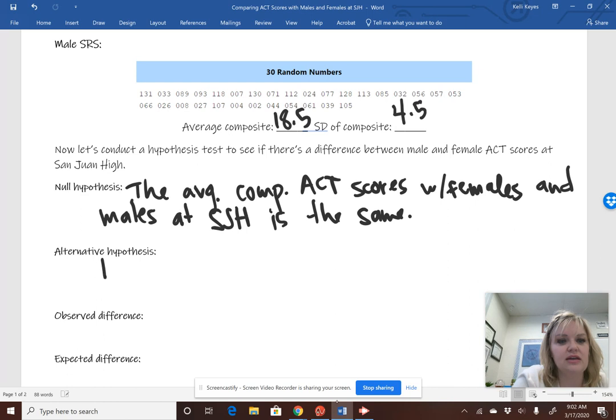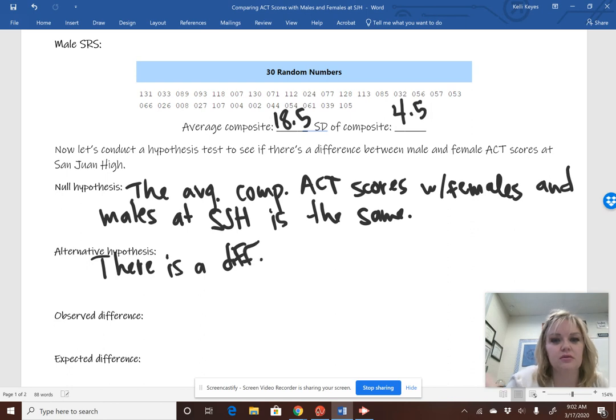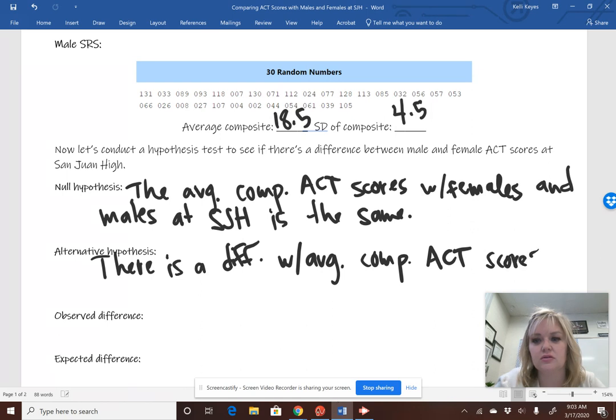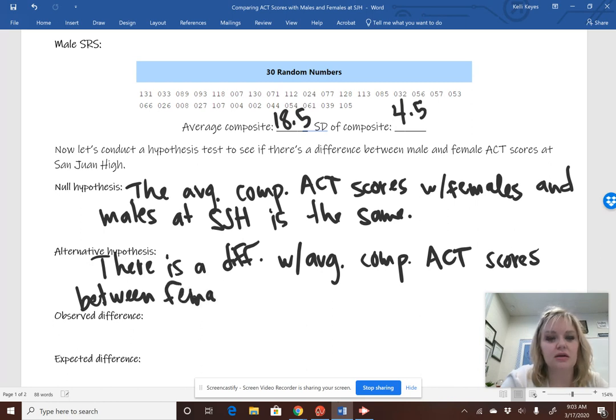So then we're going to say there is a difference with average composite ACT scores between females and males. I'm sorry for abbreviating all this.